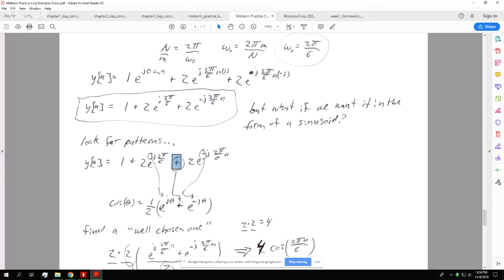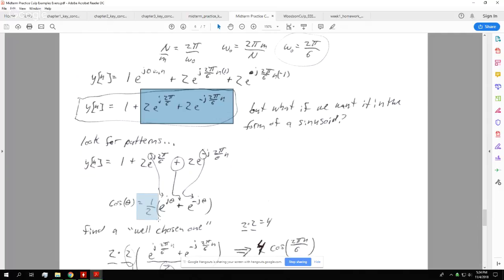Since we have this plus, it looks like the Euler identity for cosine, and we have a plus in front of the j, which you have in Euler's identity, and you have a minus sign in front of the j, which we have in Euler's identity as well. So this whole thing, rather this part of it, sure looks like something that could be Euler's identity. We just have to manipulate it a little bit.